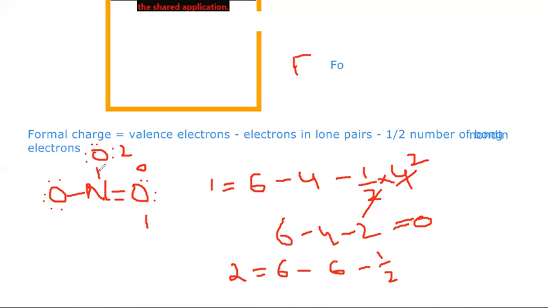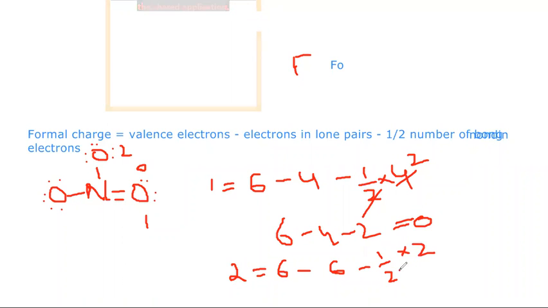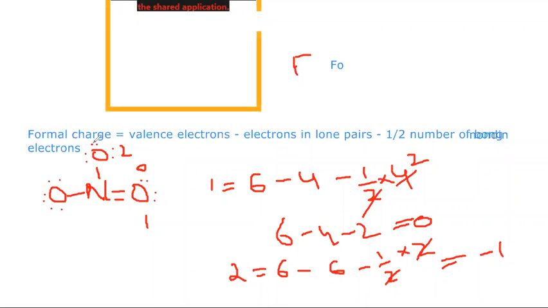There is one bond contributing two electrons, and that's why the 2 is going to cancel out. So what would be the answer? 6 minus 6 minus 1 would be minus 1. So this oxygen has a minus 1 charge.